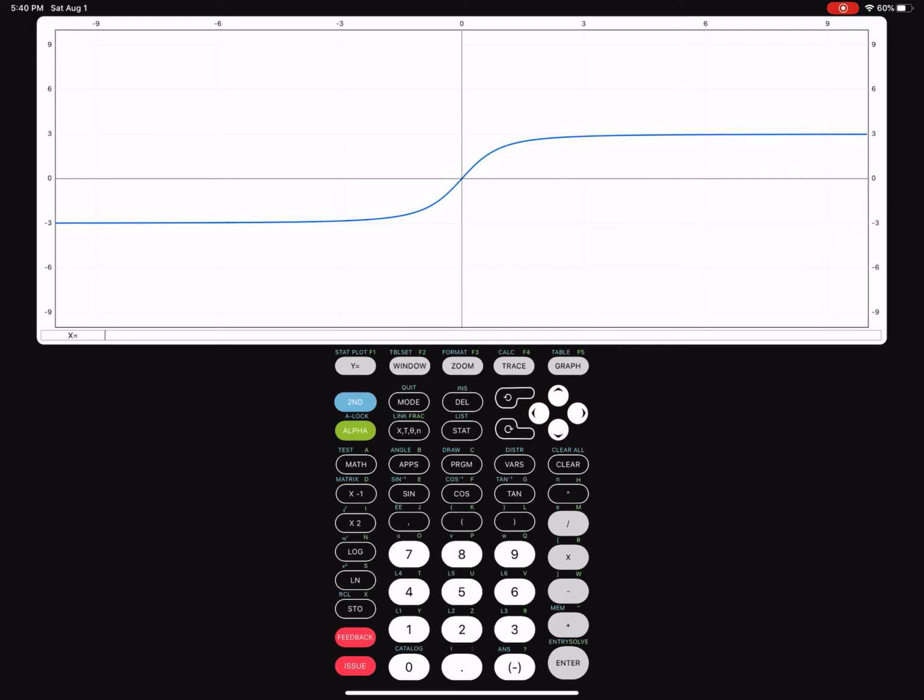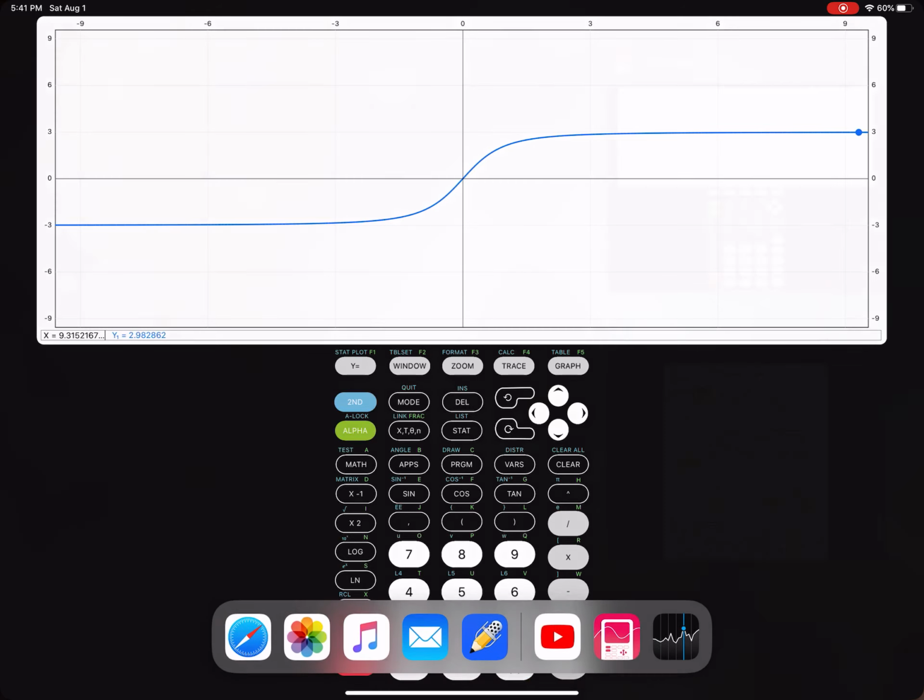But when you go to the left, as x goes to negative infinity, it looks like the graph is having a horizontal asymptote around -3. So you see here, we're getting really close to -3 there, okay? And then whenever I take the limit as x goes to infinity, it looks like our graph is going to +3 over there, okay? So kind of a weird looking graph.